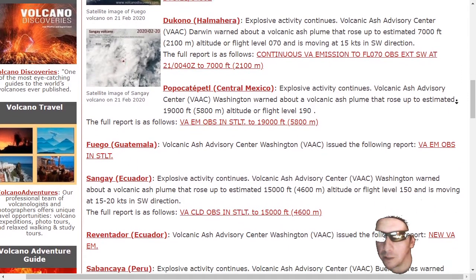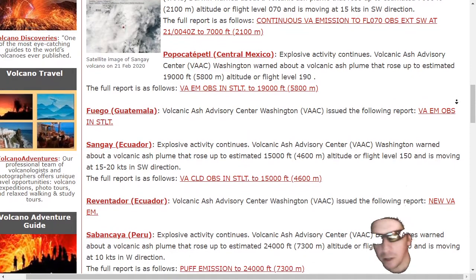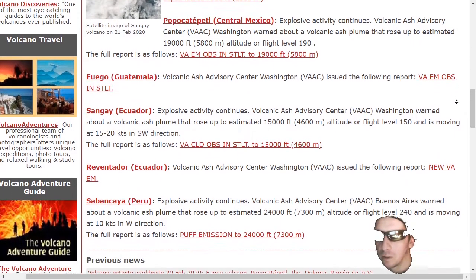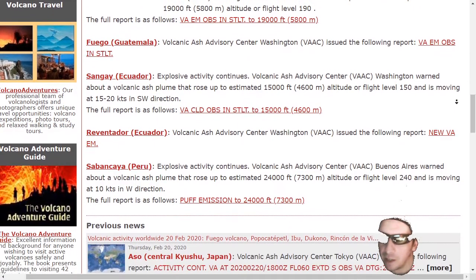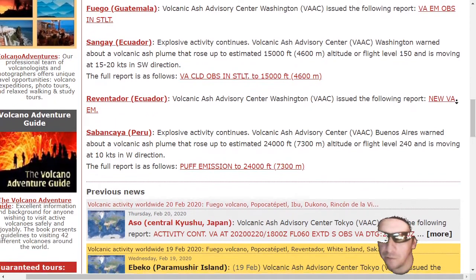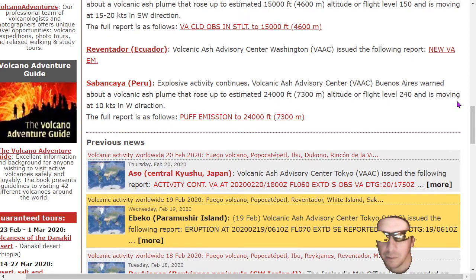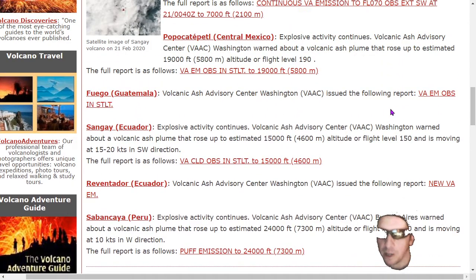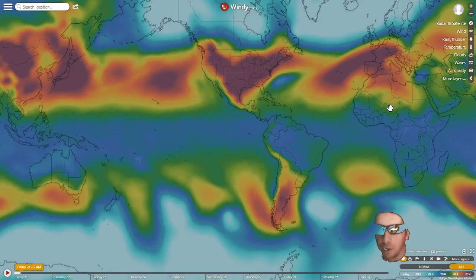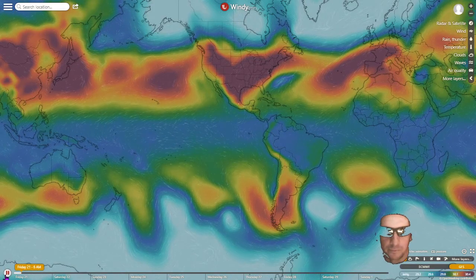Popocatépetl, exploding, 19,000-foot ash plume there. Fuego, volcanic ash emissions observed in satellite. Sangay, exploding, 15,000-foot plume there. Reventador, new volcanic emissions from Reventador, and Sabancaya exploding, producing a 24,000-foot ash plume. Please don't fly your ultralight home-built aircraft over Sabancaya.